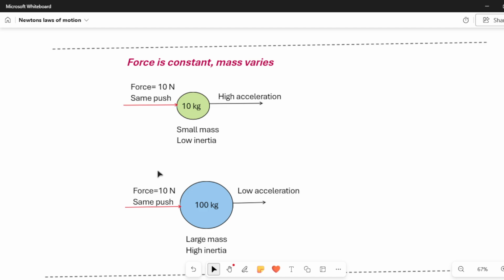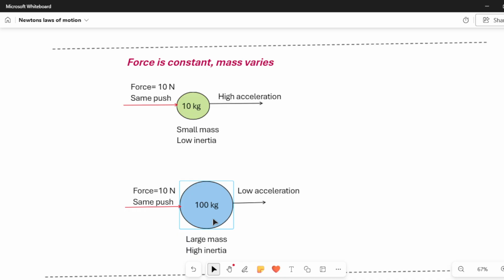And I'm using the same force for both the objects. For the 10 kg ball, I am pushing with the same force, 10 newtons. What will happen? Because the ball is having less mass, its acceleration will be high. Now, similarly, imagine a 100 kg ball is there and I'm pushing with that same small force which I applied for the 10 kg. What will happen?